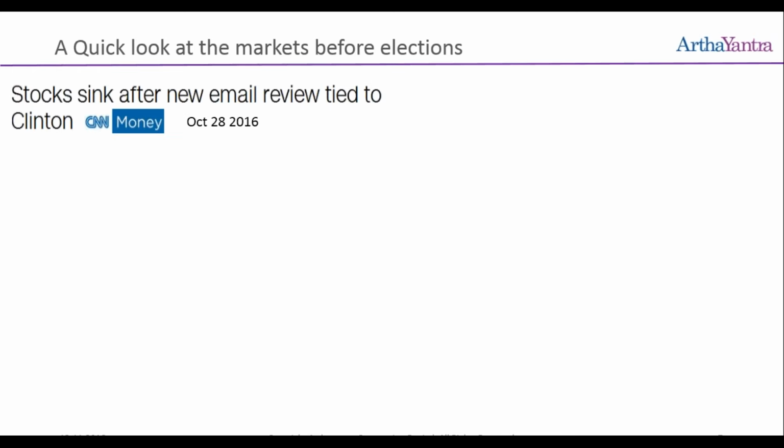Now, when there was evidence that Hillary Clinton was losing the race, there were really downside negative sentiments in the market. For example, on October 28th, stocks fell because the FBI decided to reopen the case against Clinton on the email scandal.